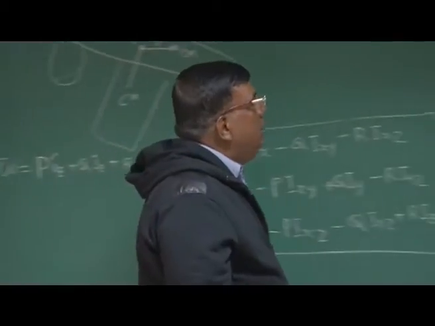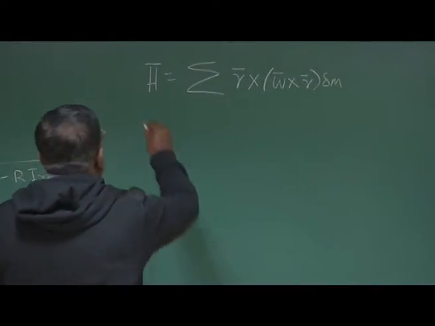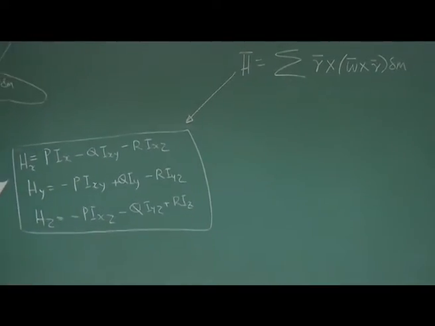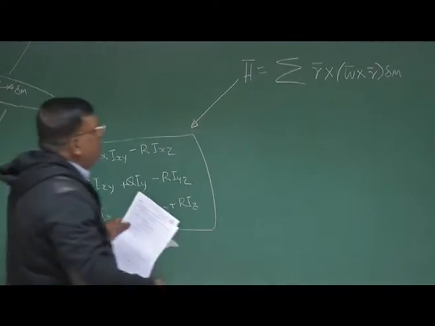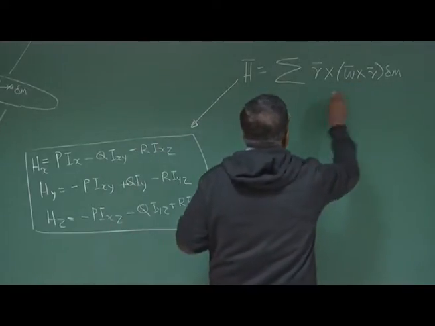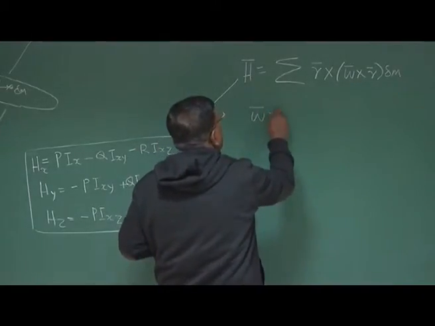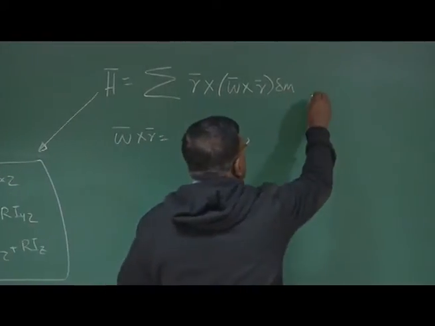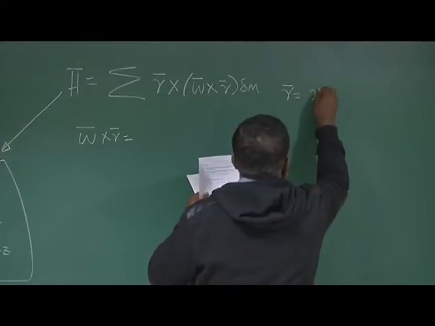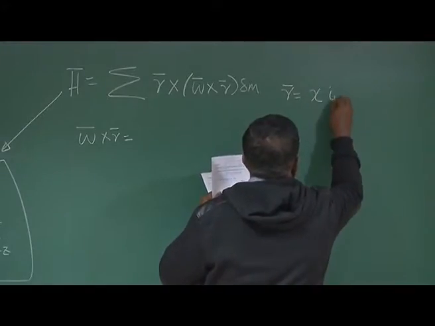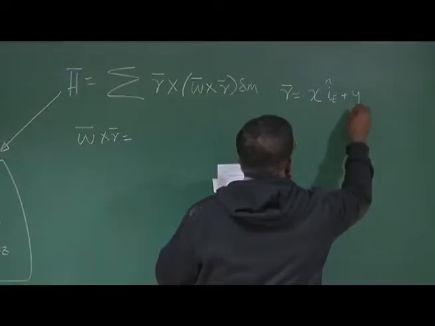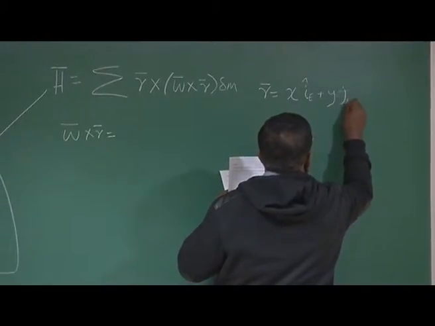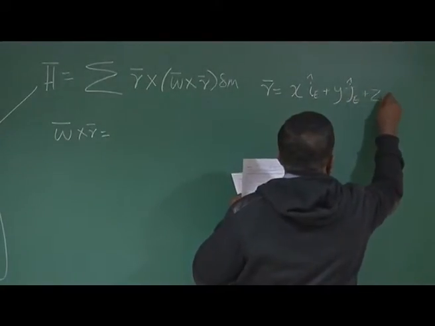Now we will try to see how you get this expression. I will write the steps and you should do it yourself. First of all, let us find omega cross R. What is R? R is, let us say, x IE plus y JE plus z KE.